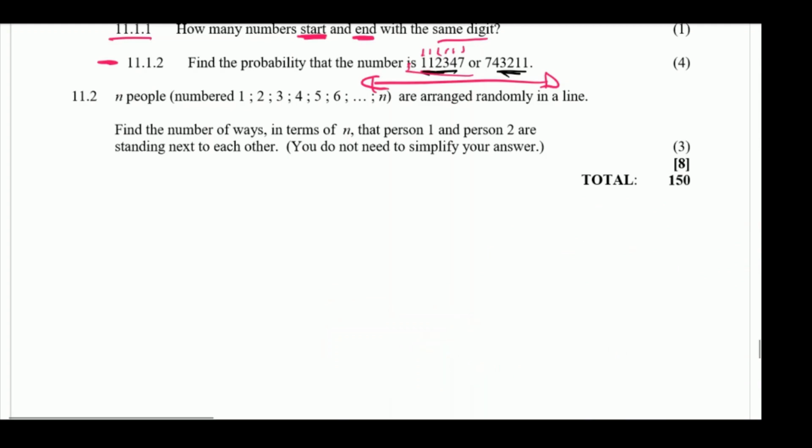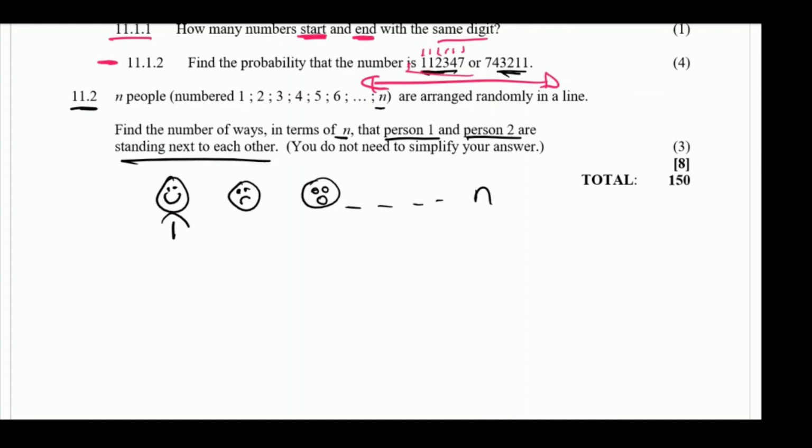Now, 11.2 says that n people, 1, 2, 3, 4, 5, 6, up to n, are arranged randomly in a line. So let's say you have a person here smiling, another person here maybe frowning, another person here. They are arranged in a line, standing in a queue, randomly. Find the number of ways in terms of n such that person 1 and person 2 are standing next to each other.